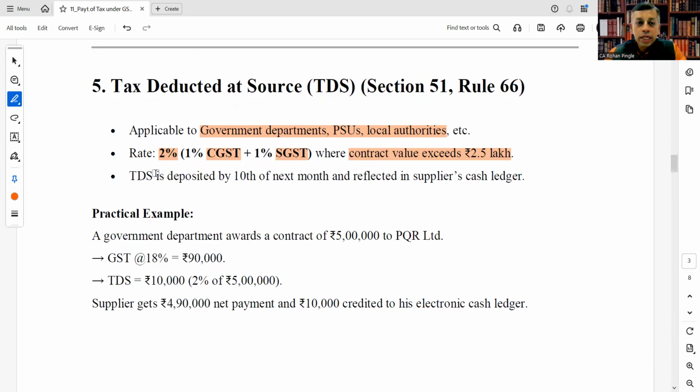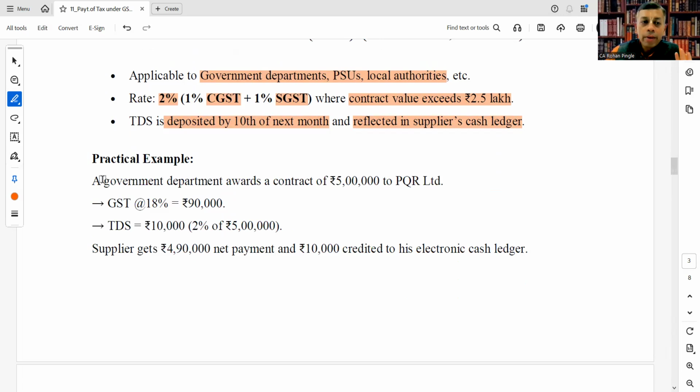TDS is deposited by the 10th of the next month and reflected in the supplier's cash ledger. Let's see a practical example. A government department awards a contract of rupees 5 lakh to PQR Limited. Then GST will be 18%, and TDS will be 2% on rupees 5 lakh, that is rupees 10,000.